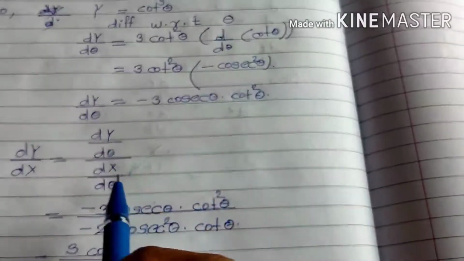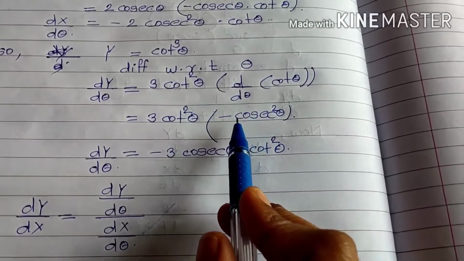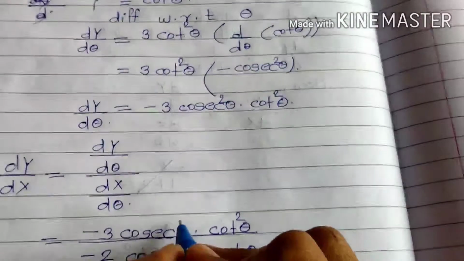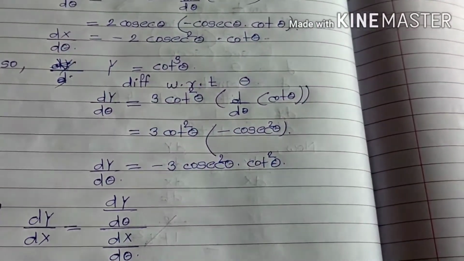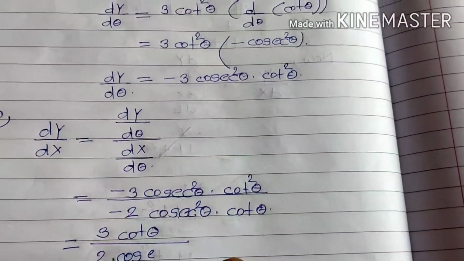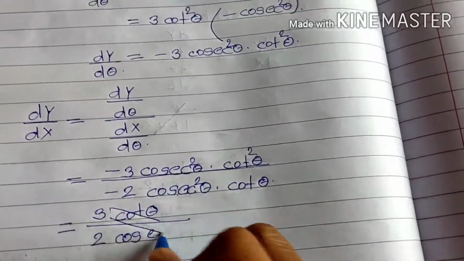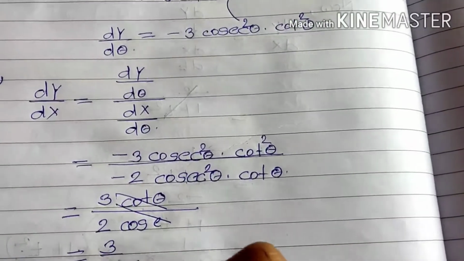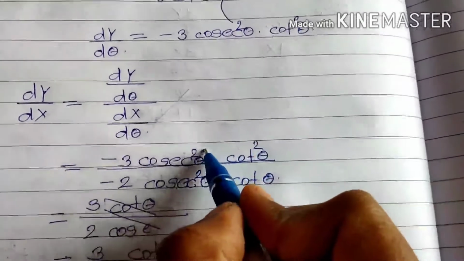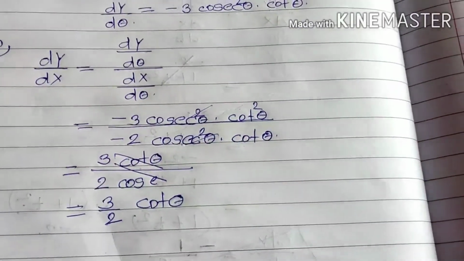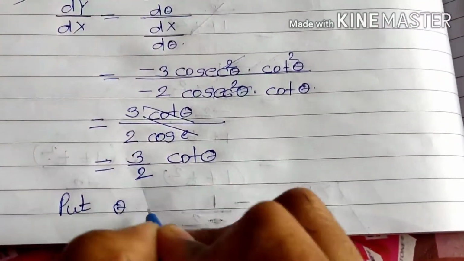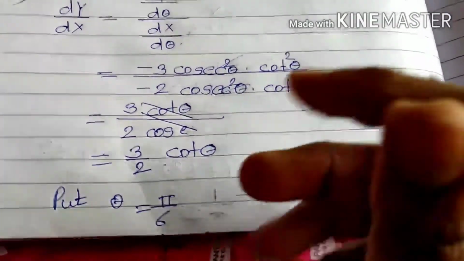Sorry, here is some mistake. The derivative of cot theta is minus cosec square theta. So write it as minus cosec square theta, and here write minus cosec square theta. So cosec square theta and cosec square theta get cancelled. So it is only remaining as 3 upon 2 cot theta, because cosec square theta cancels, and put the value of theta, which is pi by 6.